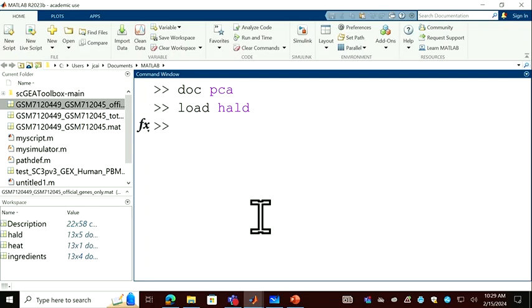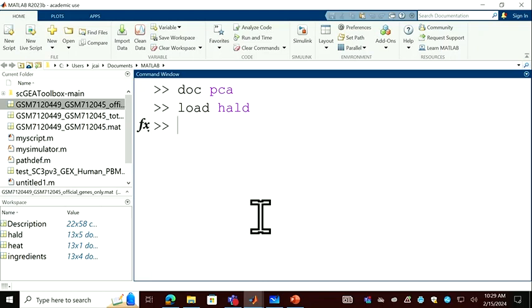I already cleaned my workspace, so there was nothing here before, but now you have 4 variables in this built-in data set. It's a MAT file.